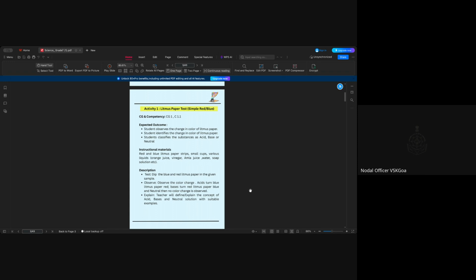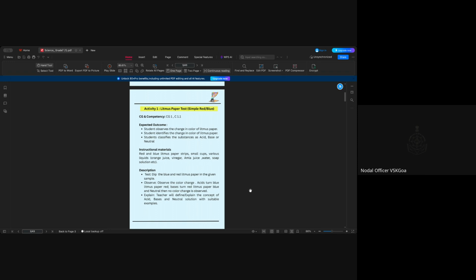Another competency, that is competency 7.1, talks about using scientific vocabulary to communicate inferences and ideas about science in oral and written form. So all these competencies, that is competency 1.1, competency 6.2 and competency 7.1, are catering to this activity.